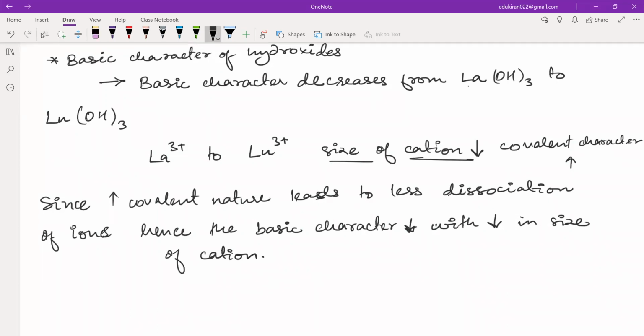The last point that you can write is about the separations.